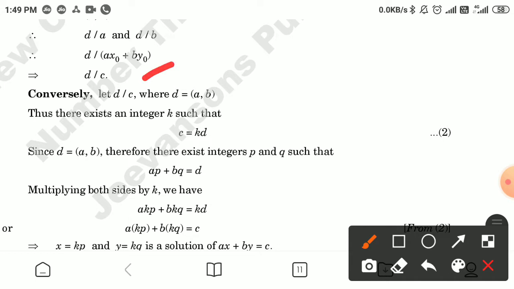Now, the converse part. Let d divide c, where d is the greatest common divisor of a and b. Thus, there exists an integer k such that c can be written as k times d, marking this as number 2. Since d is the greatest common divisor of a and b, there exist integers p and q such that ap plus bq equal to d.